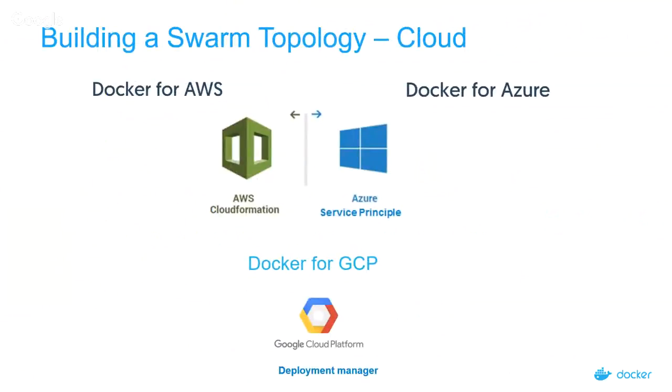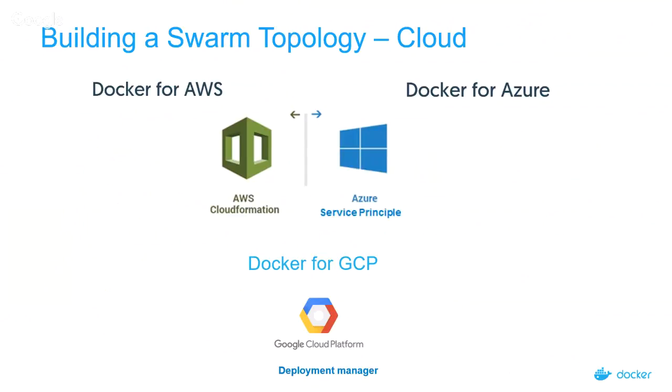If you talk about setting up swarm mode on cloud, from Docker we have offerings called Docker for AWS, Docker for Azure, and Docker for GCP for each individual cloud platform. Docker for AWS uses AWS CloudFormation. If you are an AWS user, all you have to do is log into AWS and open CloudFormation, and there you can specify how many manager nodes and how many worker nodes you need, and that will be pushed to AWS as instances.